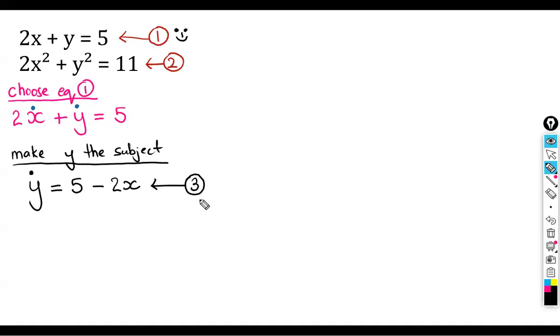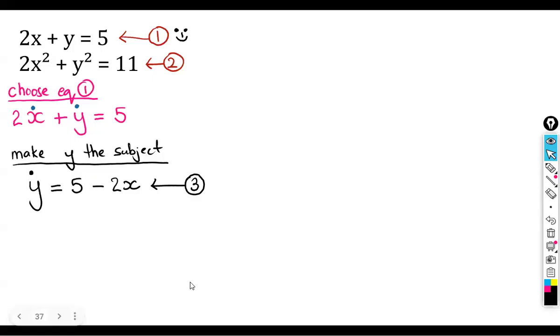You're going to make 3. Everyone take it down there. Right? So you see, even though the question has squares and whatnot, it has a quadratic part, it starts off like a regular, boring, simultaneous equation where we're doing the substitution method. And remember, the substitution method is the most powerful method.